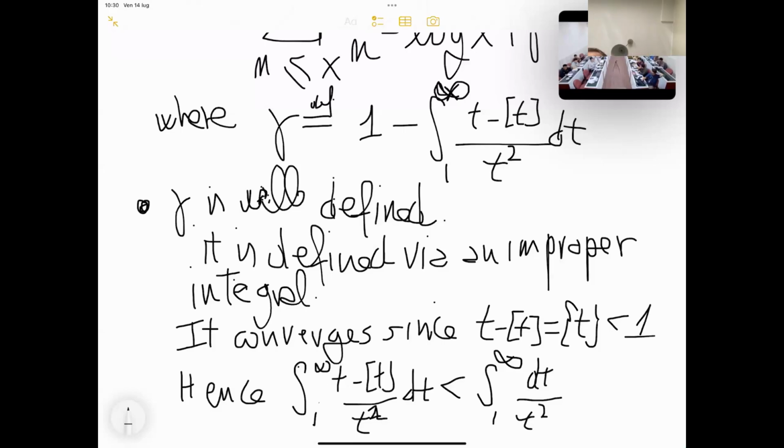So, which means that we know that it converges. Actually, we also know how to compute it, right?